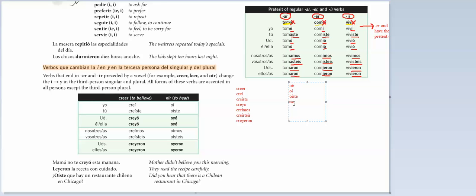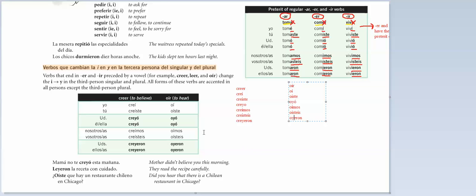So I would change again my I to a Y, oyó. Oímos, oísteis. And then here I would have again oyeron. It's too many vowels next to each other, three that sound, so I'm going to change it, oyeron, much easier to say.